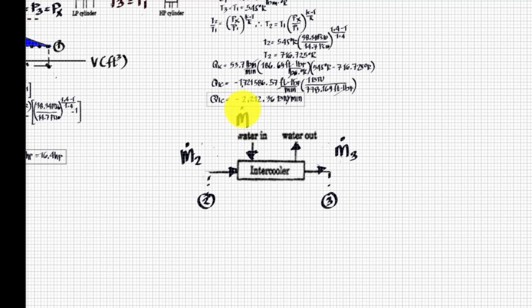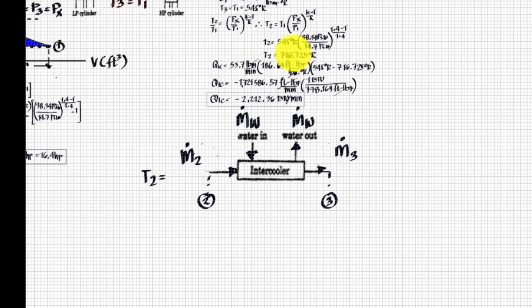And I have also a mass flow rate of jacket water entering, and mass flow rate of the water that is leaving the intercooler. This is entering, and this is leaving. Okay? And at point 2, we have the corresponding temperature there.